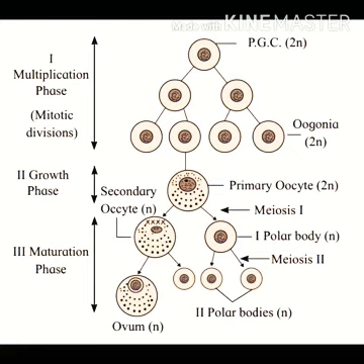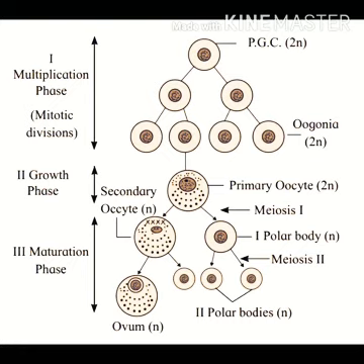This division is peculiar in females as both the daughter cells have the haploid number of chromosomes, that is 23 chromosomes. But due to unequal division of cytoplasm of the two daughter cells produced, one is a larger cell called the secondary oocyte, which is haploid, and another is a small cell called the first polar body, which is also haploid in number.